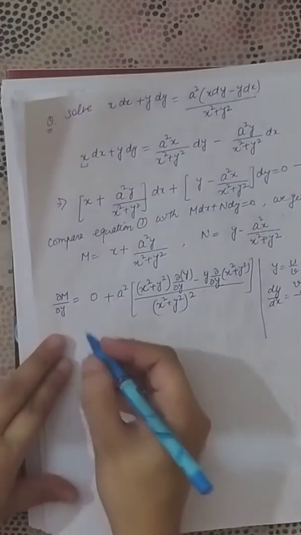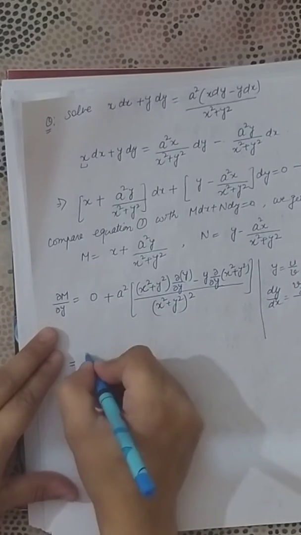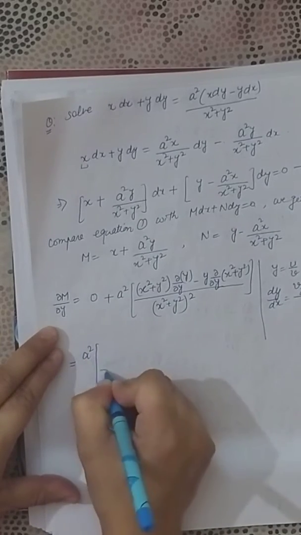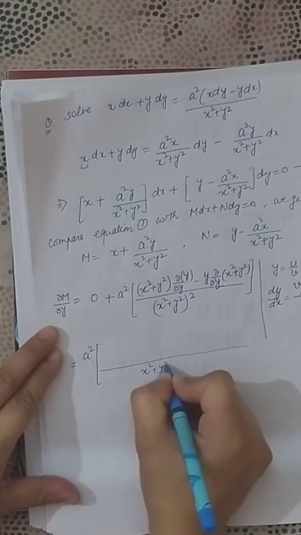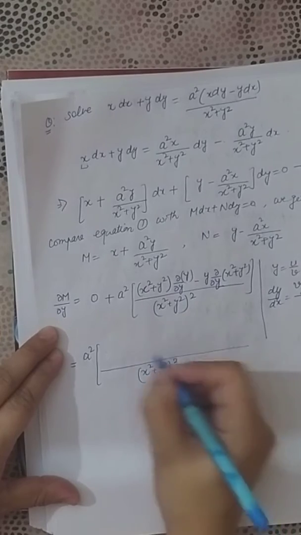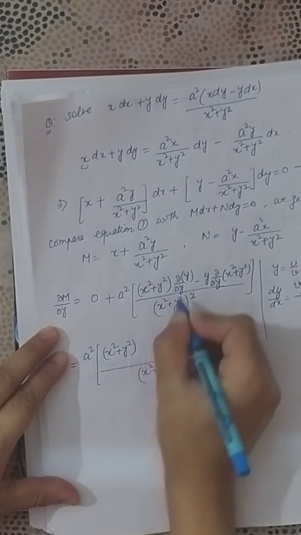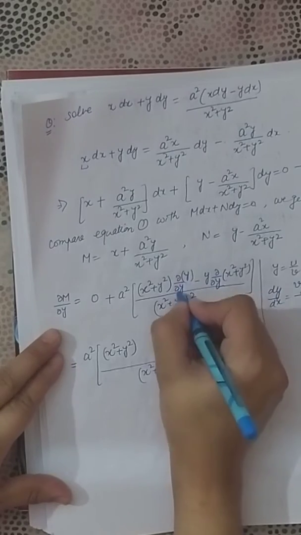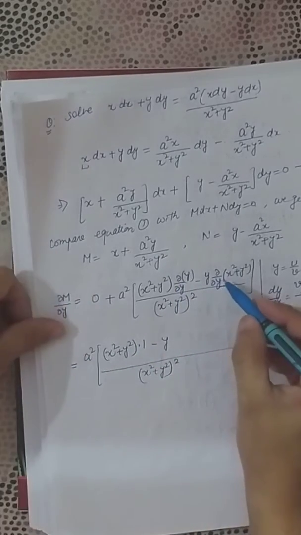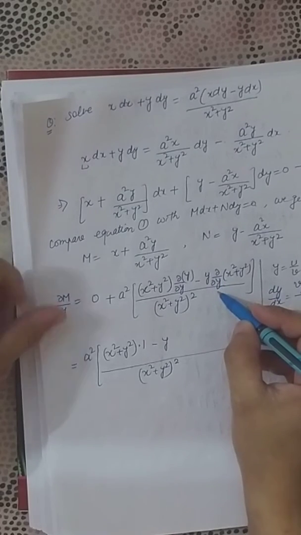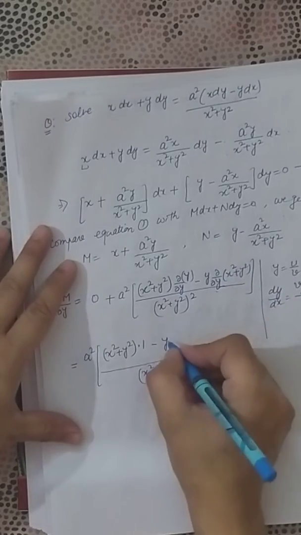Now here I am dealing with partial derivative, just one difference. a square divided by (x square plus y square) whole square, into (x square plus y square), partial derivative of y with respect to y is 1, minus y as it is. When I take partial derivative with respect to y, the other variable will be constant, that is here x square is constant.